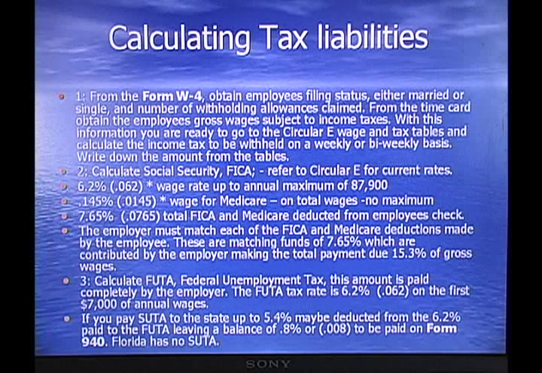There's no cutoff point. 7.65% total FICA and Medicare is deducted from the employee's check. The employer must match each of the FICA and Medicare deductions made by the employee. These are matching funds of 7.65%, which are contributed by the employer, making the total payment 15.3% of gross wages.